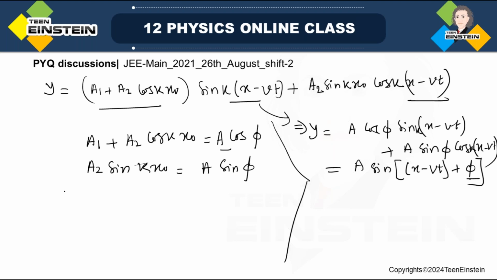So what is this phi? I can find out what is phi. So tan phi is equal to a2 sine k x0 divided by a1 plus a2 cos of k x0.